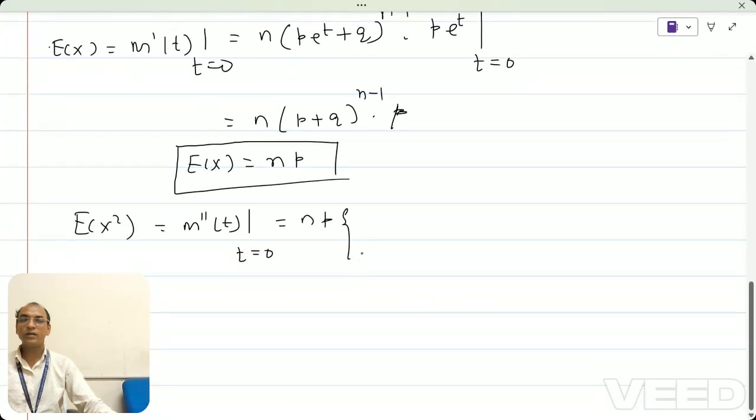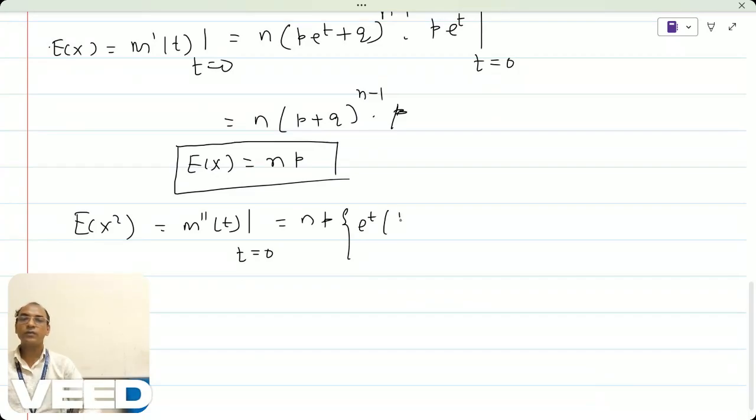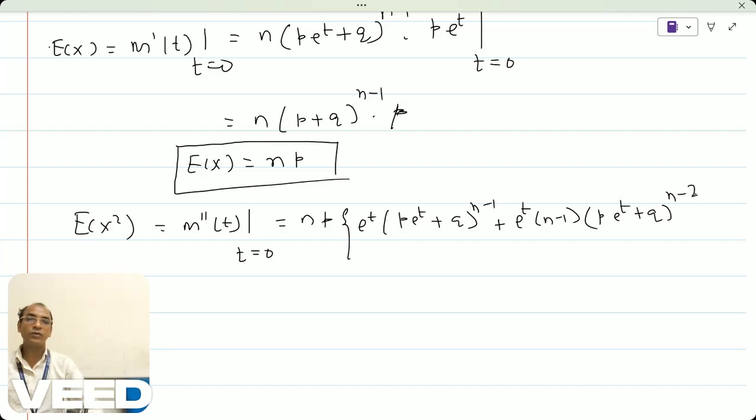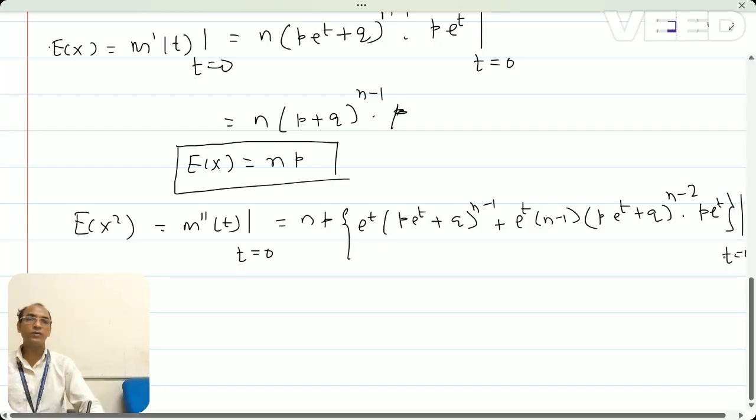So we can write e to the power t into p e to the power t plus q to the power n minus 1 plus e to the power t as it is, applying the u into v formula, and the derivative of this one will be nothing but n minus 1 into p e to the power t plus q to the power n minus 2 into p e to the power t, and then I will put t equal to 0.